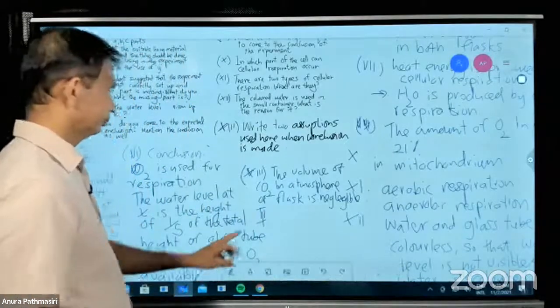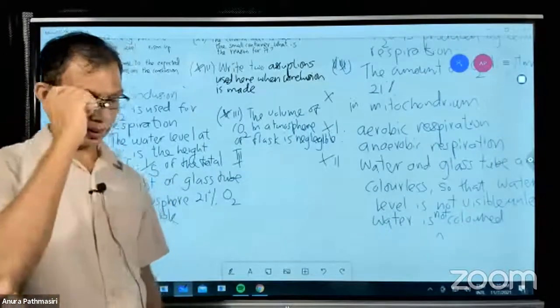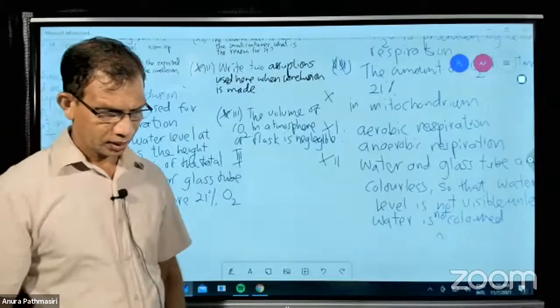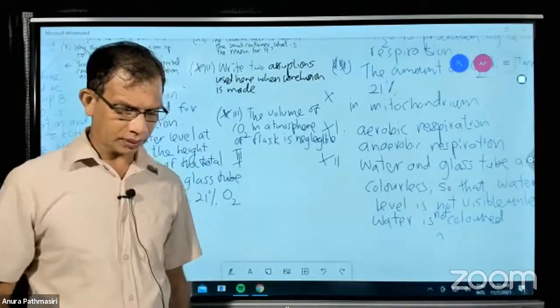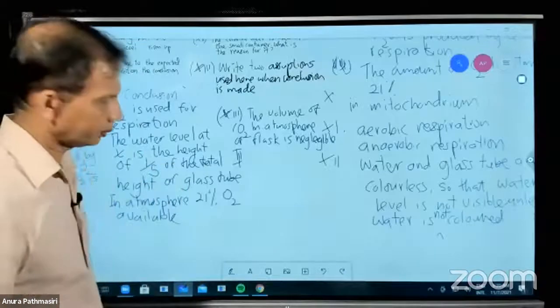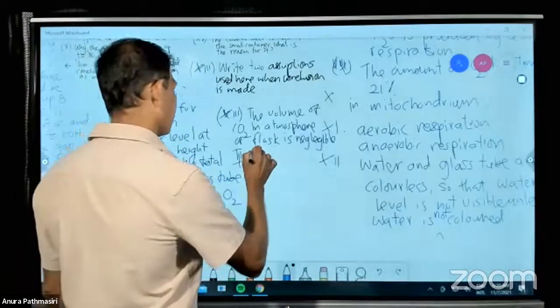What is the second assumption? In respiration, the absorbed volume of oxygen is equal to the released volume of carbon dioxide. It's in the book.